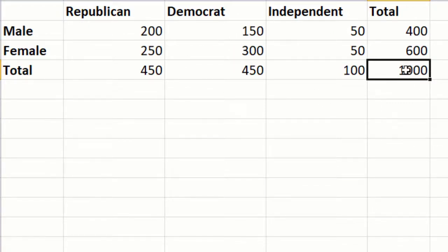Within this sample of 1,000 people, some people believe in the way of the Republican Party, and so that is their political point of view, which is one among the other points of view. Some people believe in Democrats, so they consider themselves Democrats. And some people can be independent of the two political parties.